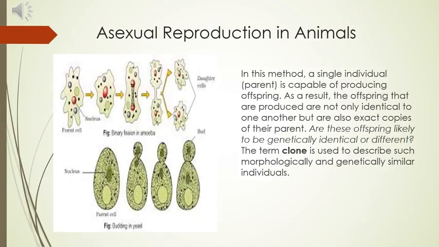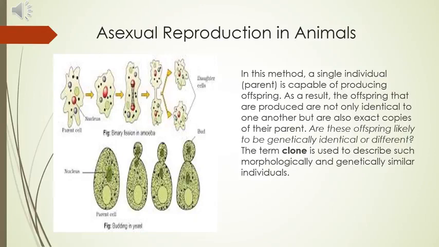But many times it is discussed whether the word clone is correct for the asexual mode, or whether there is always a possibility of morphological and genetic similarity between the offspring. As I told you in the previous slide, it depends on a number of factors, environmental factors and the habitat of the organism.